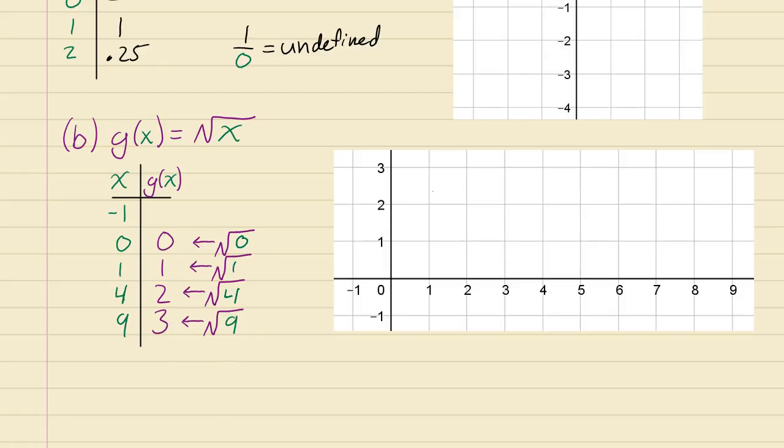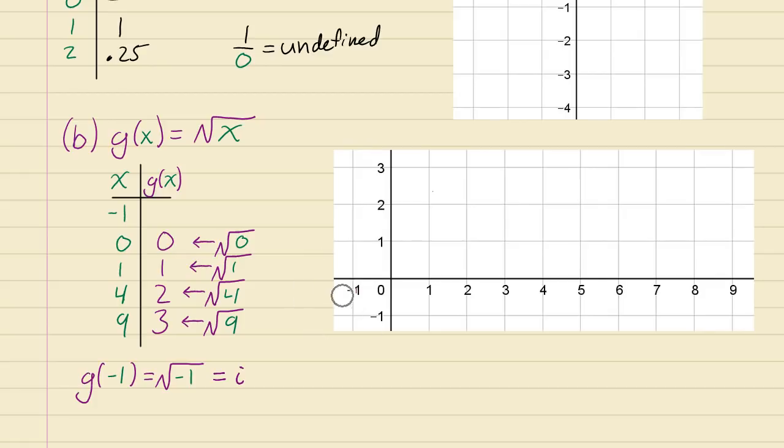What happens at -1? If you try to find g of -1, you're going to get the square root of -1, which is also known as i. It's an imaginary number. It doesn't actually show up on the y-axis, so we can't actually graph it.